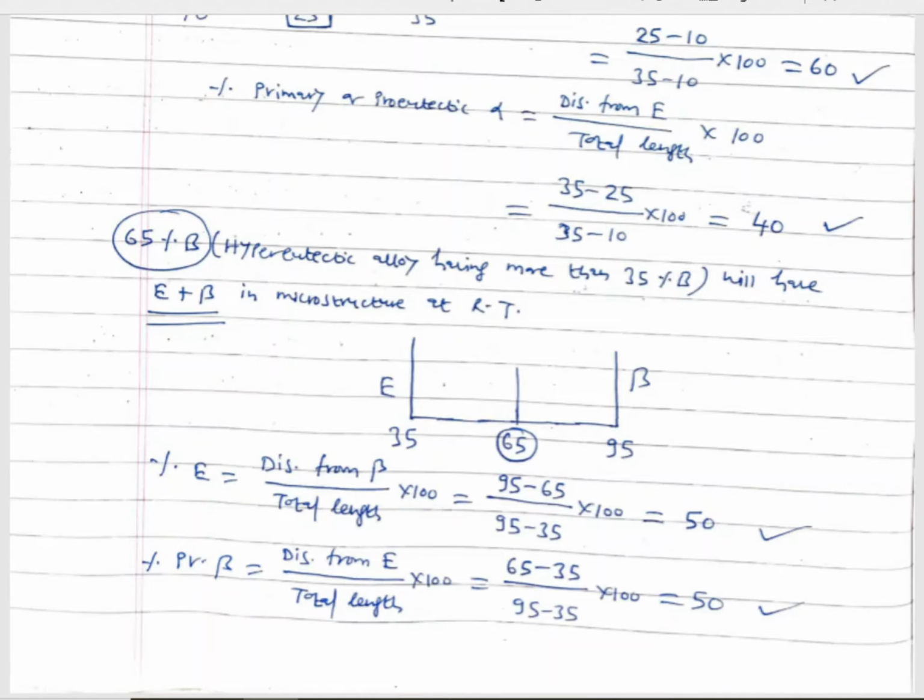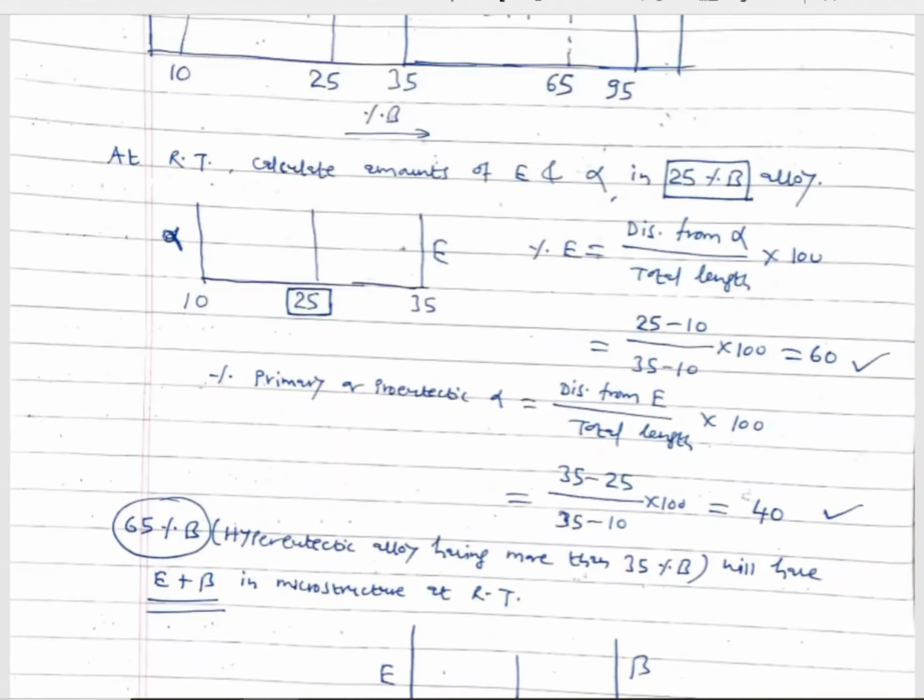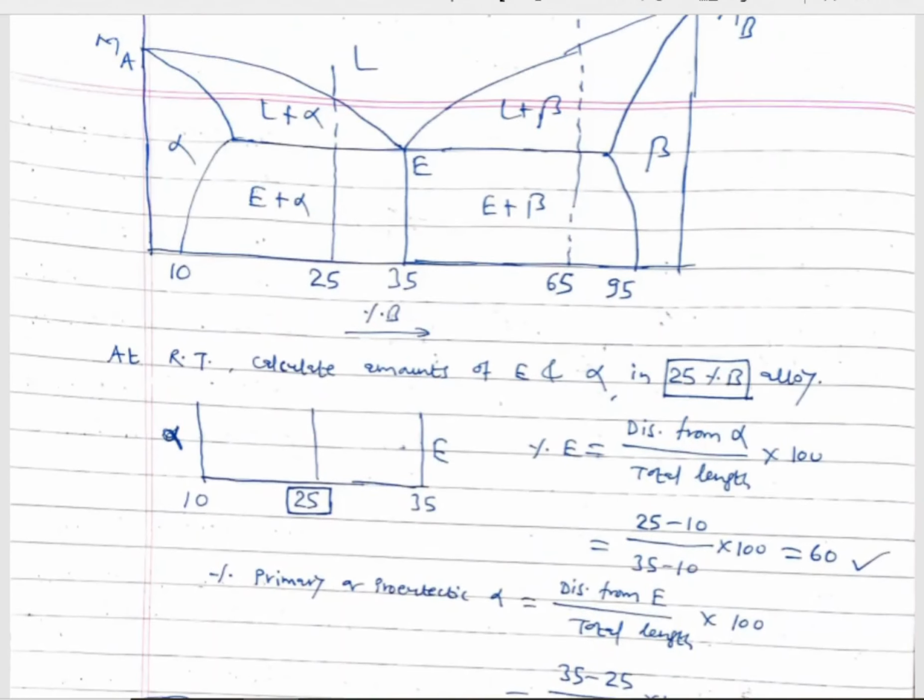So percentage primary beta is 65 minus 35 divided by 95 minus 35 multiplied by 100. It is 50. So hypereutectic alloy will have E plus beta and hypoeutectic alloy will have E plus alpha in their microstructure. And if the alloy has exactly 35% B, it will consist of 100% eutectic.